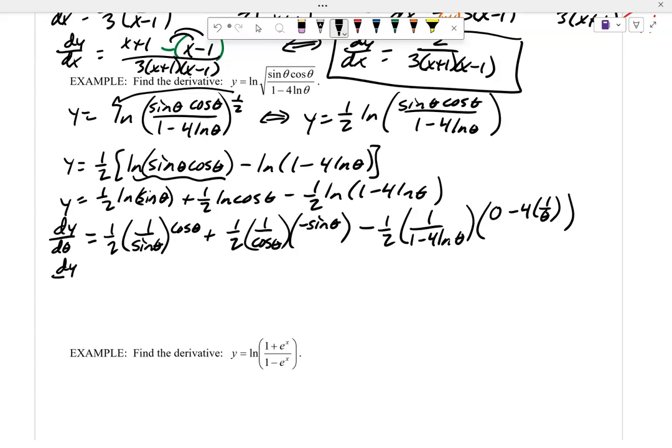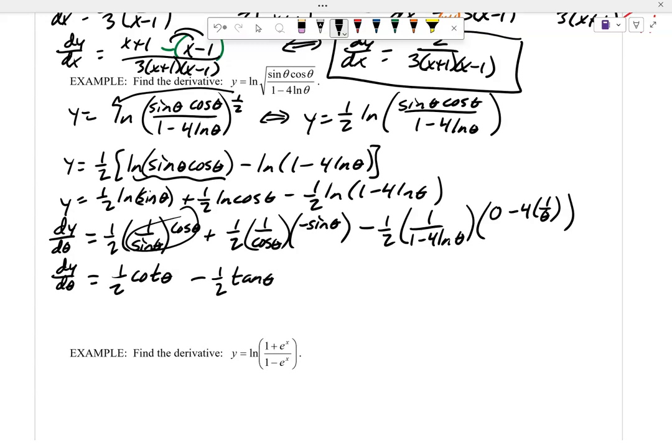And so dy d theta ends up being, see how I've got cosine over sine, so I got 1/2, I've got cotangent minus 1/2 sine over cosine's tangent.